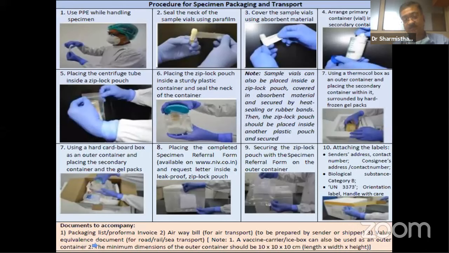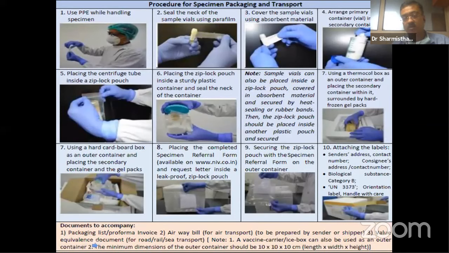After that, this container, you have to put it under a hard plastic container and then again seal it. You have to again seal the neck of that one also with paraffin. After that, you put it in a thermocol box with the cool gels. And after doing everything, it is complete.